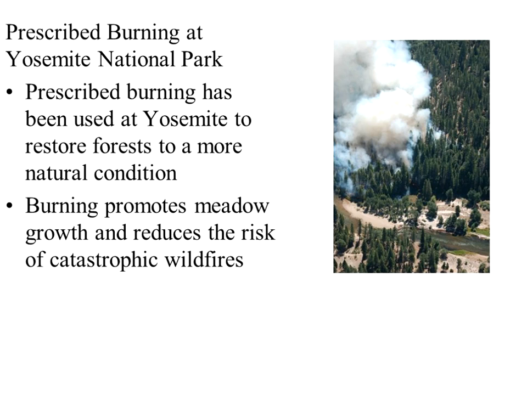Yosemite National Park is an example where prescribed burning has been used extensively to restore forests to a more natural condition. One of the things that we've talked about is how fire suppression has led to many of our forests in California and in the West being choked up with more trees than were natural.